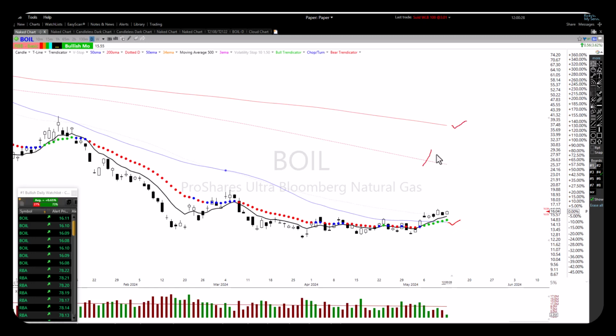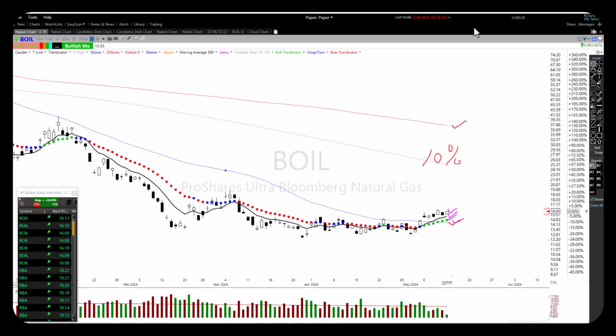And what we're looking for is a minimum of 10%. This clearly covers it. And then what I like to see is the trend indicator, the green dots, above the 50 period moving average, which it is. And then, of course, the T-line above the trend indicator, and then price above the T-line. Well, that gives me the start of a nice little trend right there.